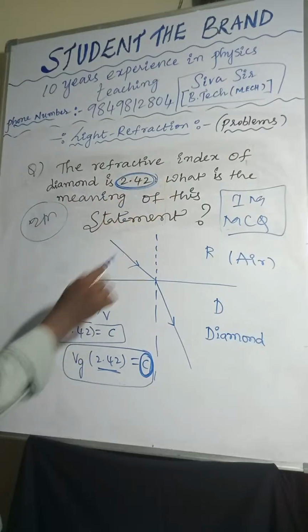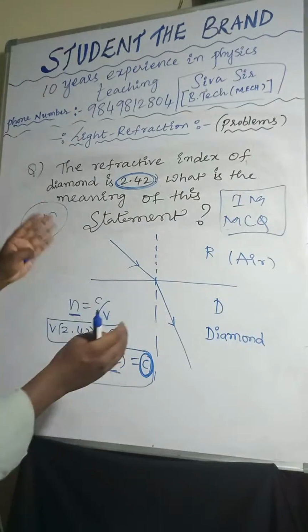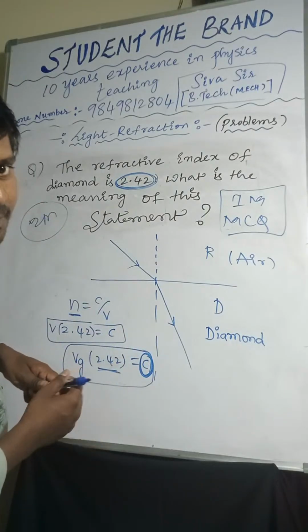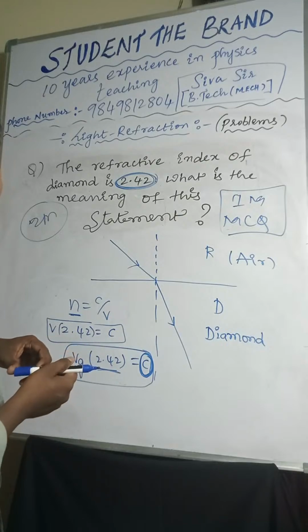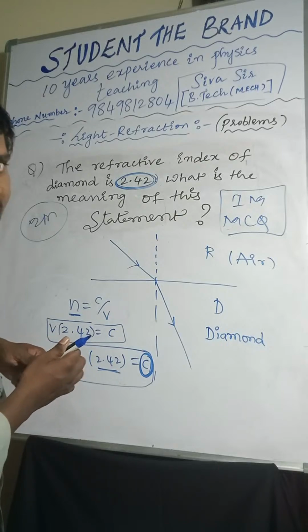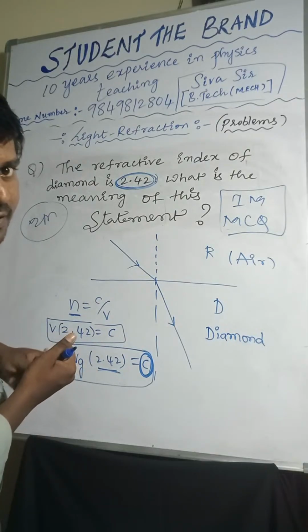Related to this type of question, this concept is very important. Speed of light in vacuum is 2.4 times greater.